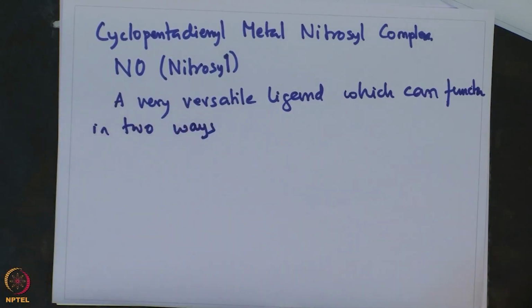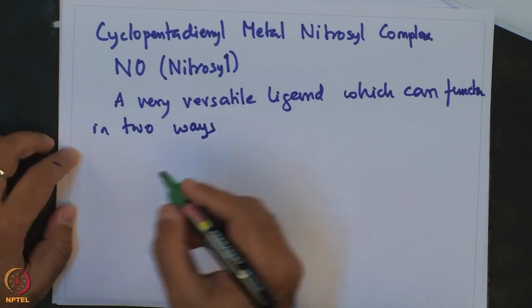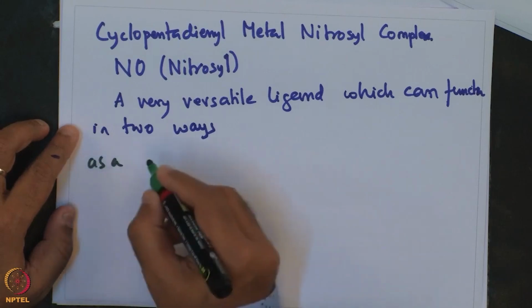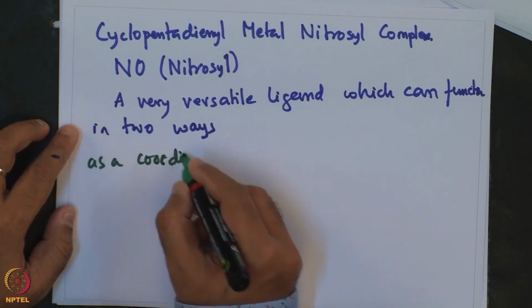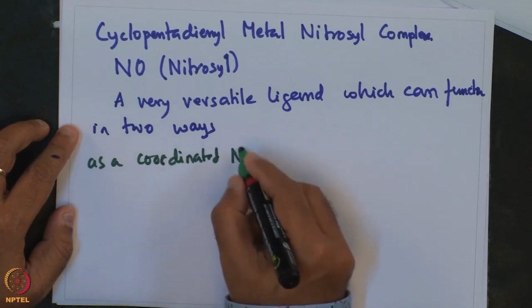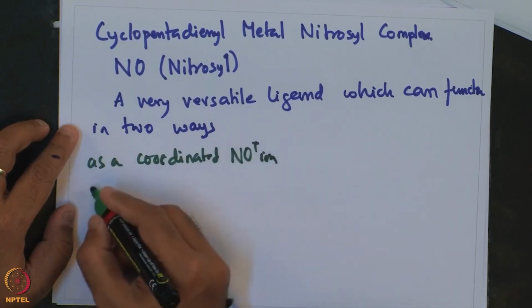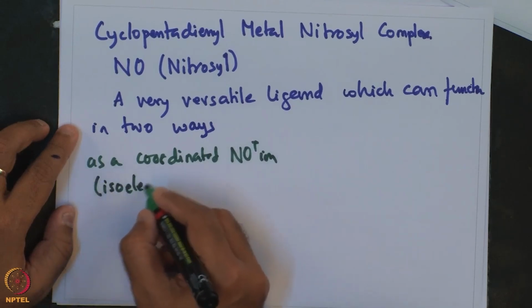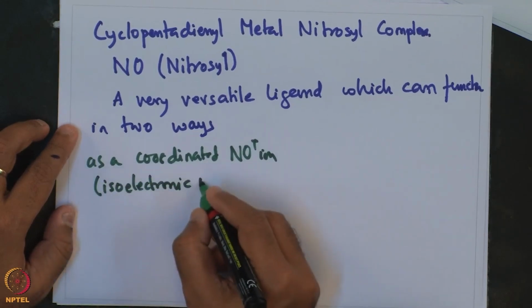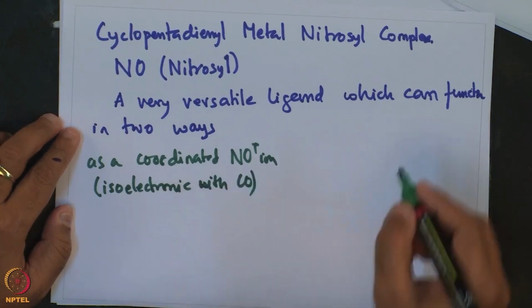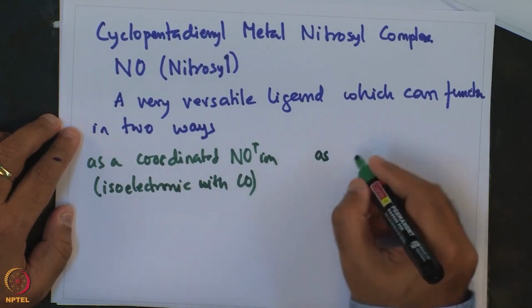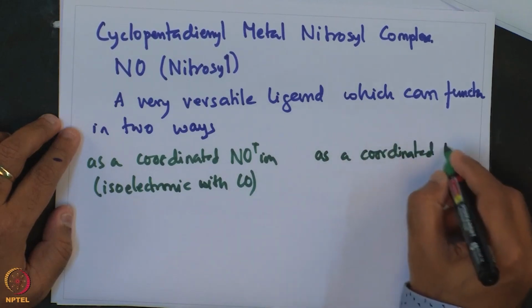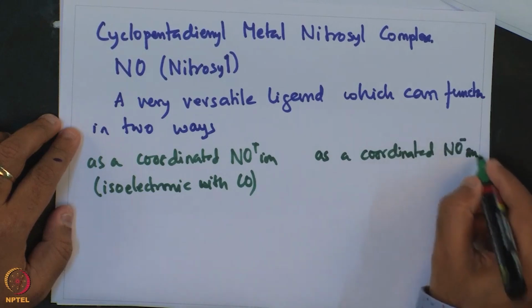What are the 2 ways? One is as a coordinated NO plus ion. In this state, it is isoelectronic with CO. Or as a coordinated NO minus ion.